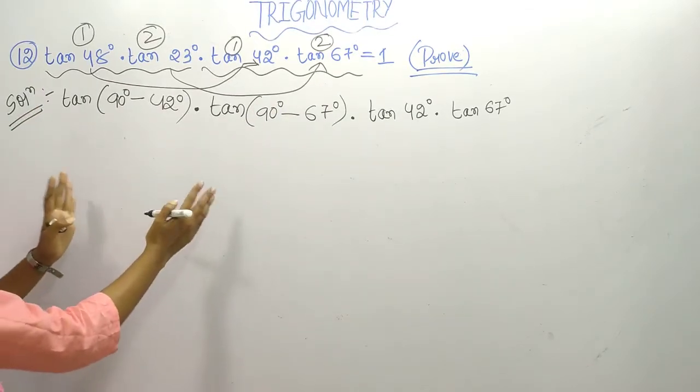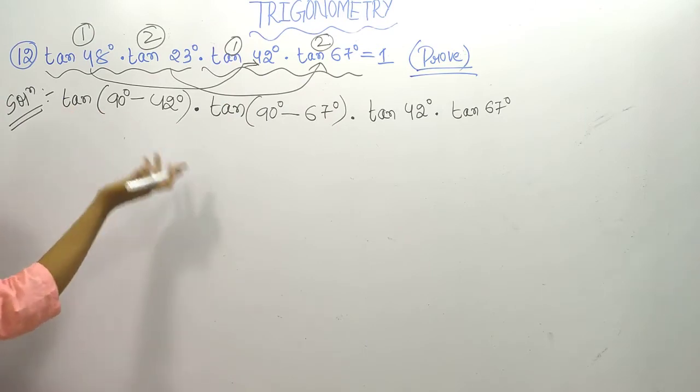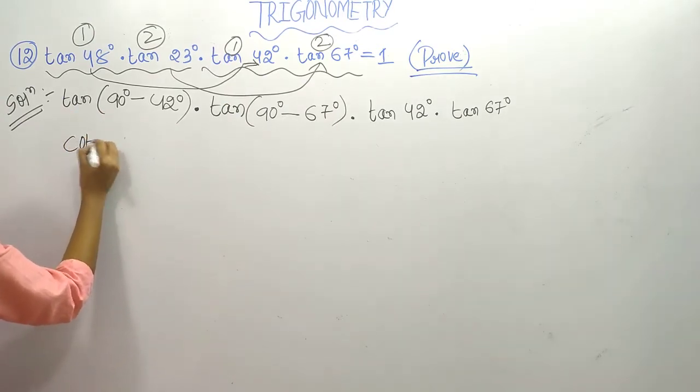Next, tan of 90 minus theta; the formula is cot theta.